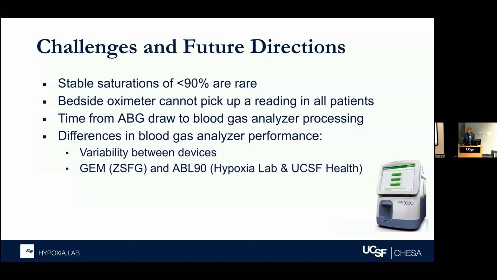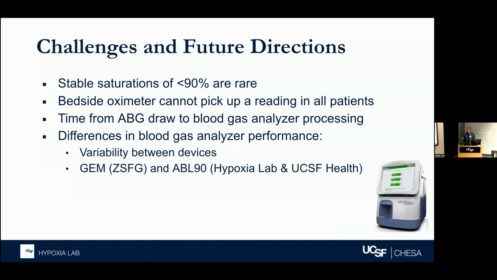We've noted that there are variations in time from the ABG draw to the blood gas analyzer processing, as well as variability in how those samples are processed. And we have some really preliminary observations in a limited data set that suggests there could be differences across machines and also between different makes of blood gas analyzers.